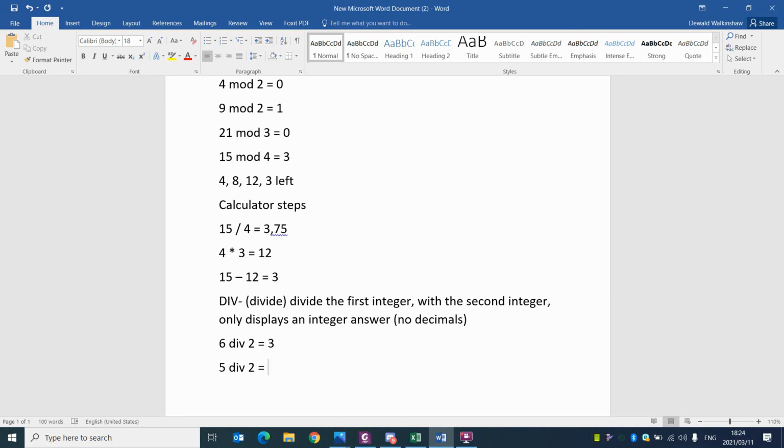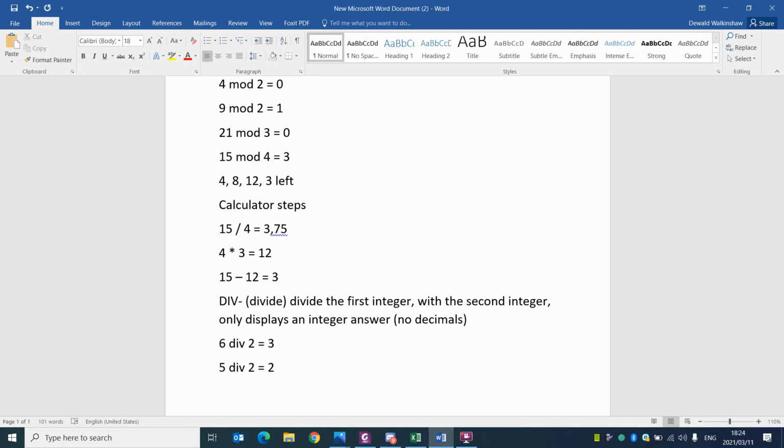Only 2, sir. 2. Okay, why? Because you go 2, 4, and then you're stuck between 4 and 6, so it would be 2.5. That's the actual answer if you punch it in on a calculator, but we said no decimals. So we just throw the decimal away and we keep only the whole sets we could get out of the first number.